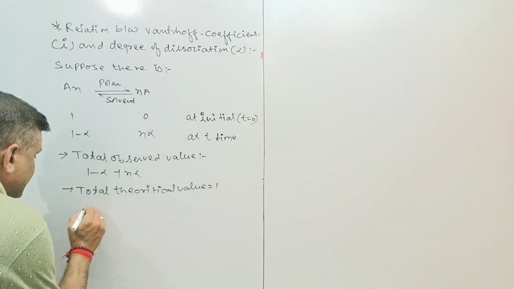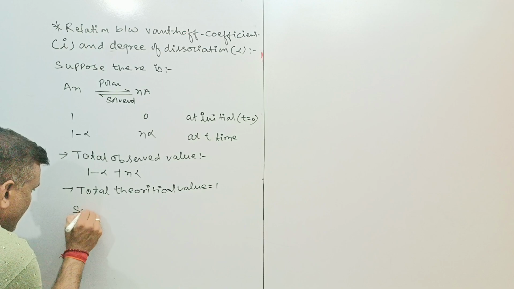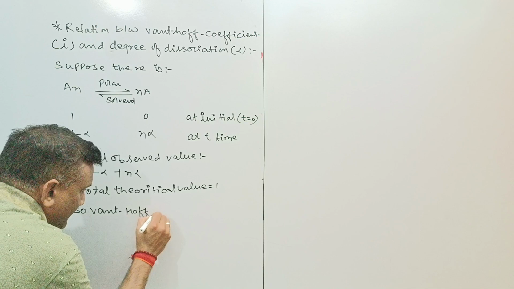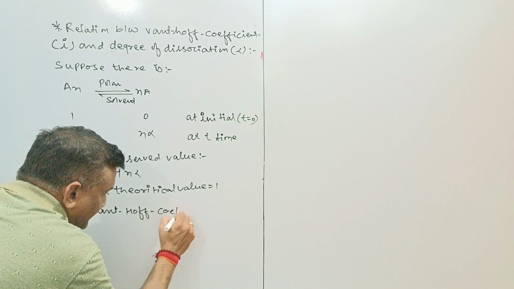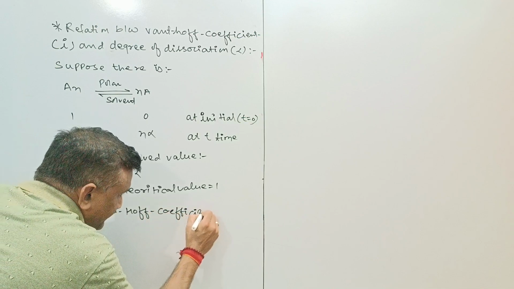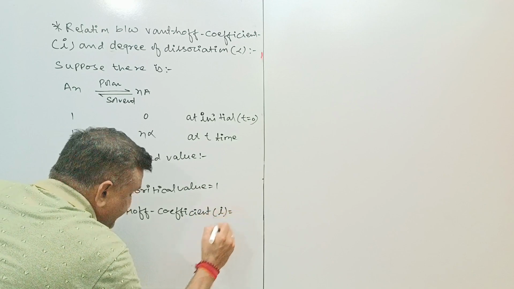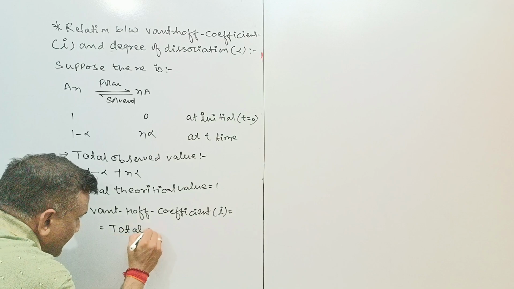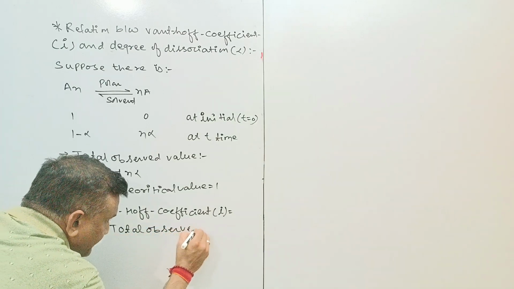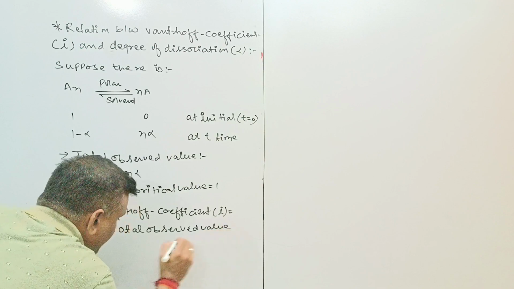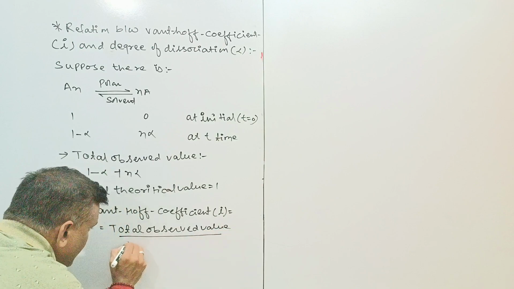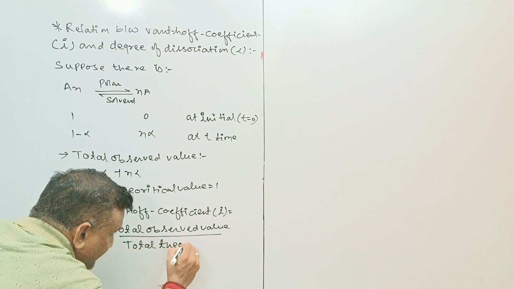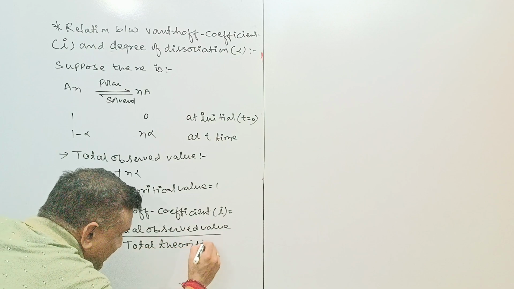Then if we go with the Vant-Hoff coefficient, Vant-Hoff coefficient i is equal to total observed value upon total theoretical value.